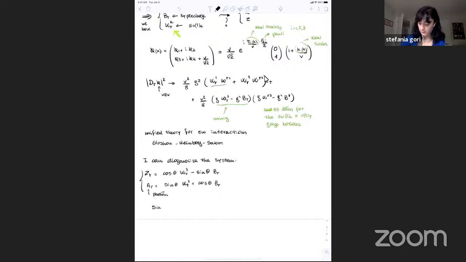So we can show that the sine of theta is given by a combination of gauge couplings of SU2 and U1Y. Namely, you have this combination here: the gauge coupling of the hypercharge over the square root of the sum of the two.